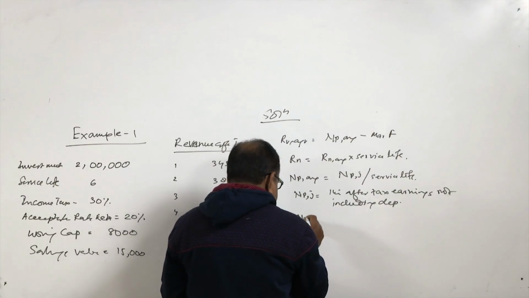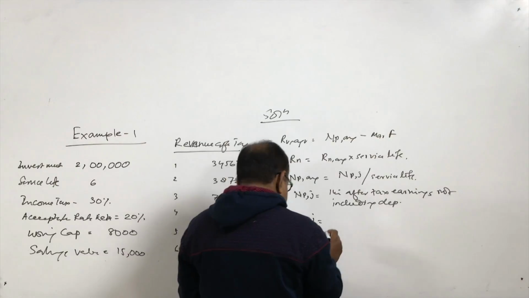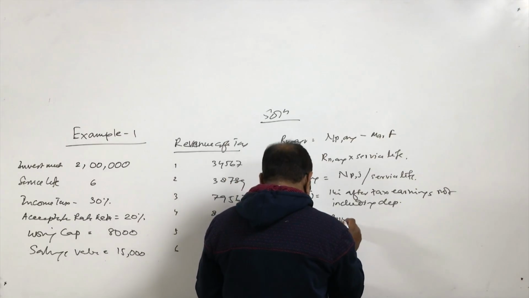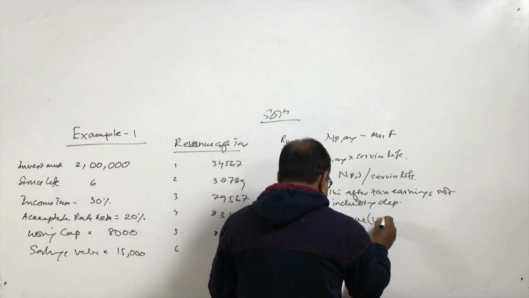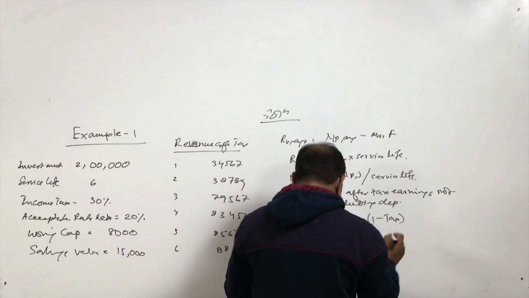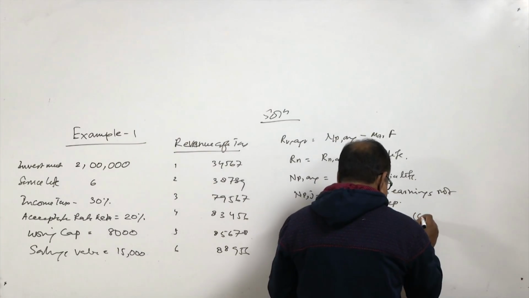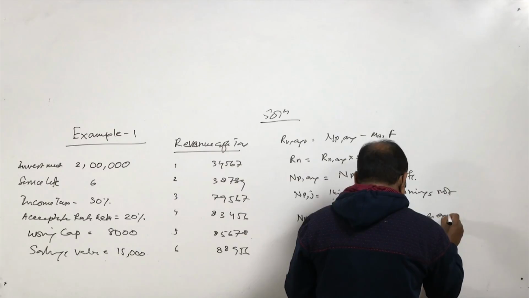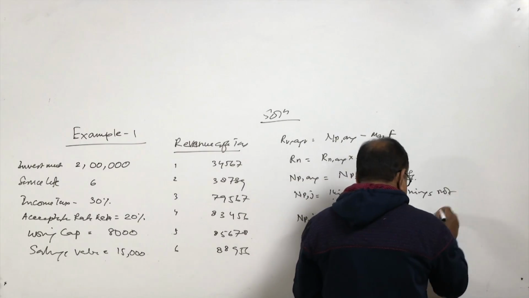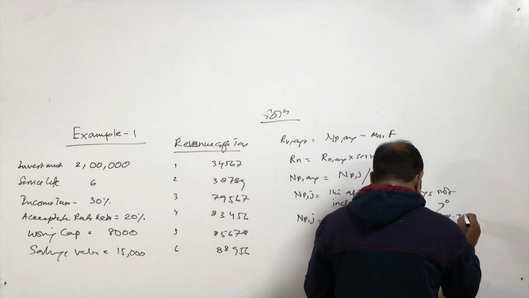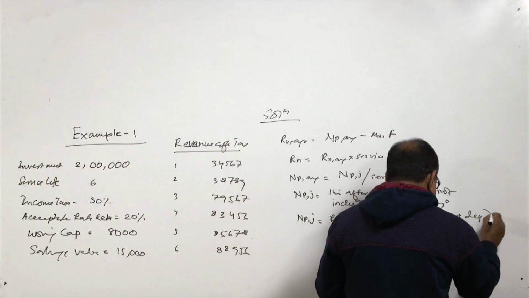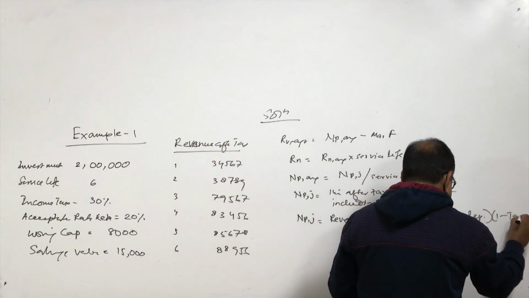Now NPj is equal to revenue into 1 minus tax, minus cash expenses which are 0 in this case, plus depreciation into 1 minus tax.